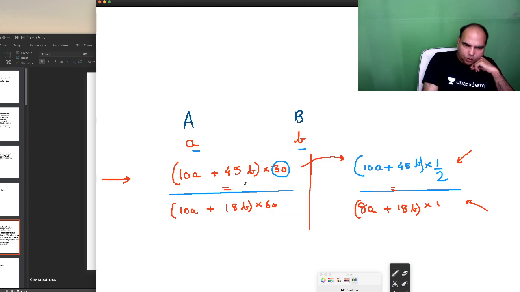यहाँ पे भी जब equal करोगे तो ये कट जाएगा और ये 2 हो जाएगा. तो अगर इस पे solve करते हैं हम, सॉरी यहाँ पे 8A आएगा. This should be 8A. So if I solve on this, I'll get 10A plus 45B is equal to 16A plus 36B.